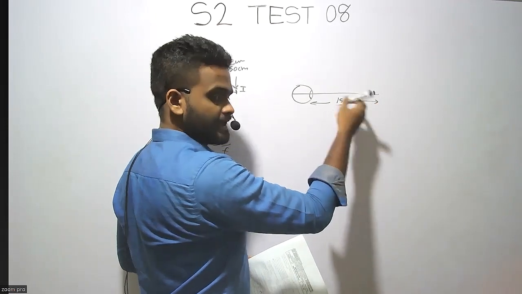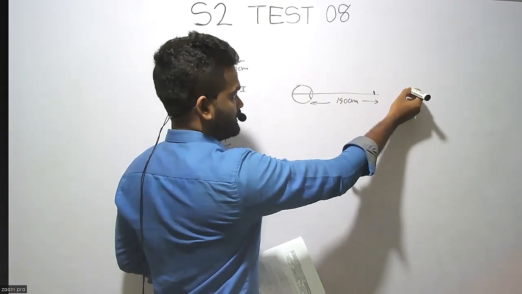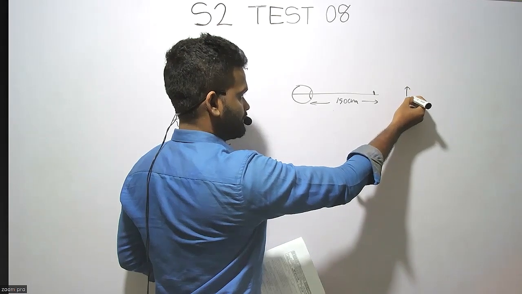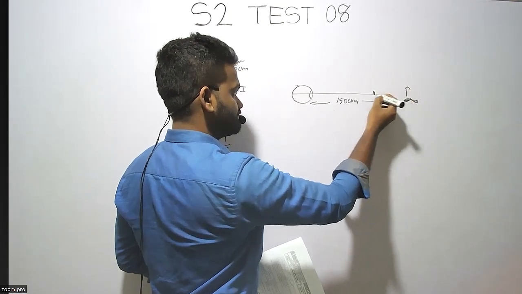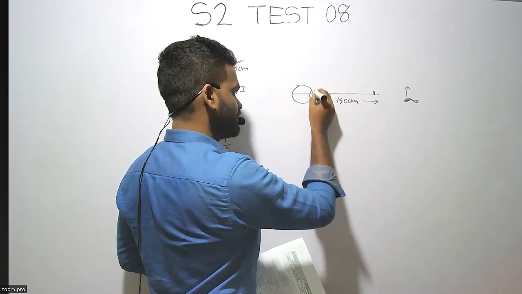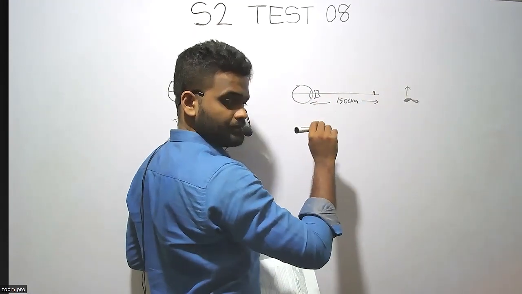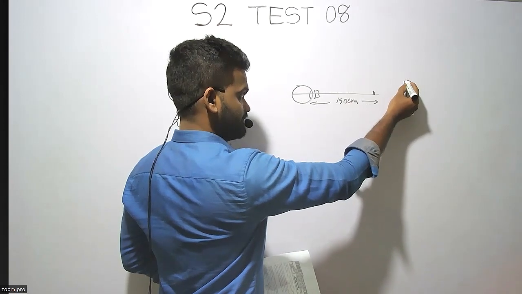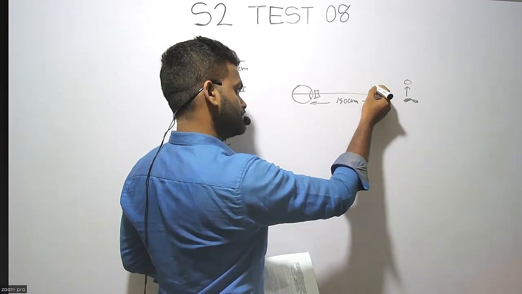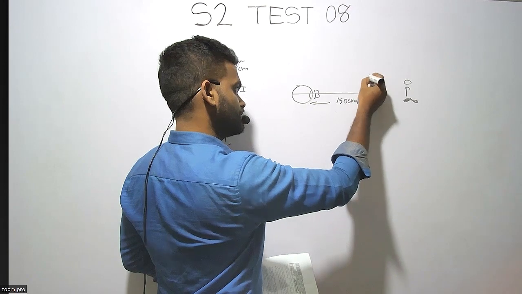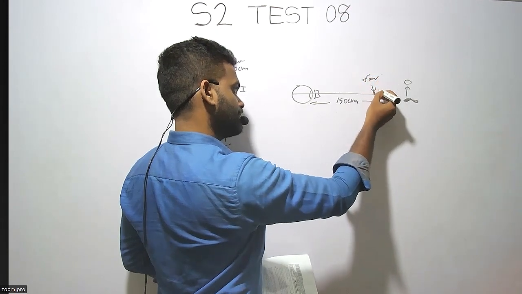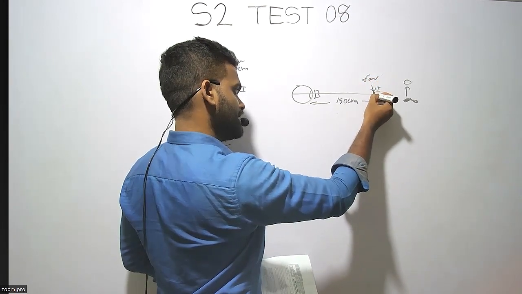He needs to fix that to infinity, meaning he needs to see objects at infinity. So let's say this is infinity. So you need to wear a lens here, right? The function of the lens should be that objects at infinity should be made on the far point of him. Image should be made on the far point.